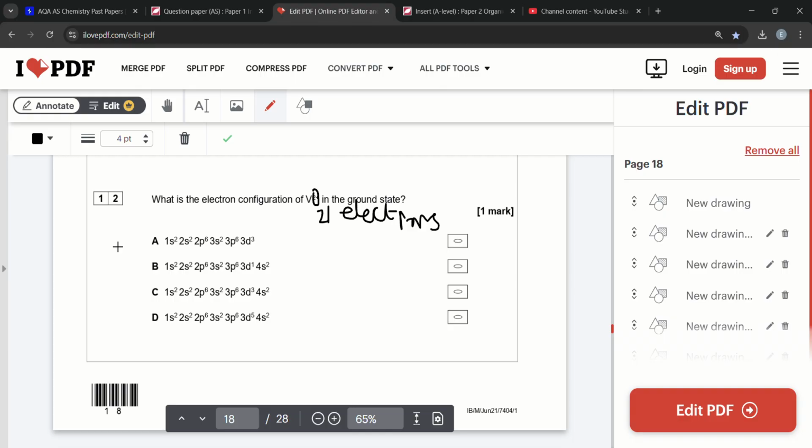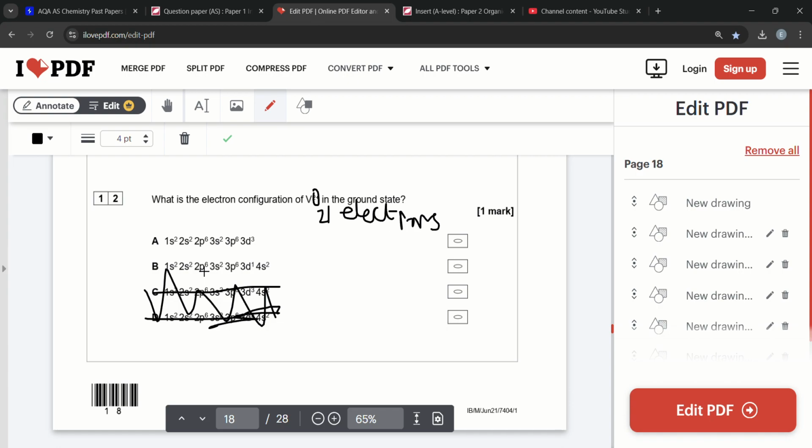Option C, 2 plus 2 plus 6 plus 2 plus 6 plus 3 plus 2, that's 23 electrons, so it can't be C. Option D, 2 plus 2 plus 6 plus 2 plus 6 plus 5 plus 2, that's 25 electrons, so it can't be D. So just by understanding that it's a 2+ ion with 2 electrons removed, 23 minus 2 is 21, and then counting all the electrons, I already eliminated C and D.